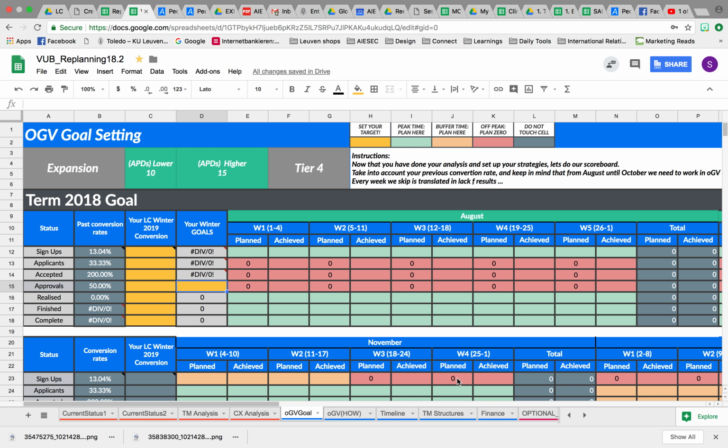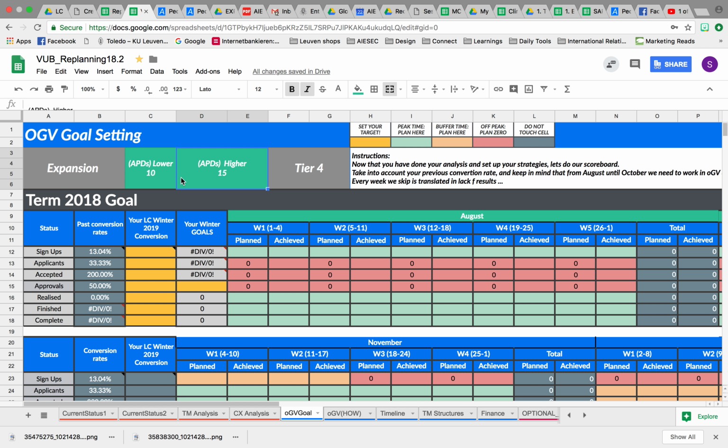So before you start filling it in, there's one thing that is quite important, which is these green cells right here, where SMC, we already recommend you within which you should plan your goals. So basically we did a full analysis of your LC, not just the current state, but also the past history and the current management state.